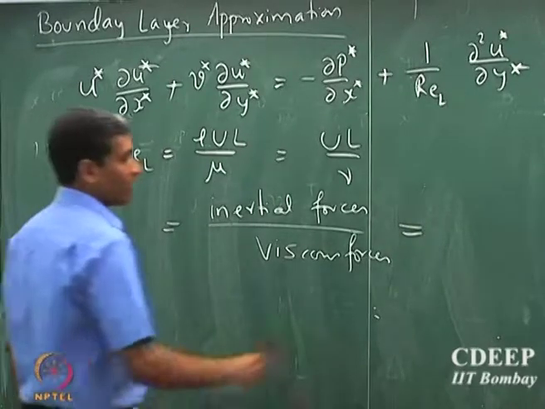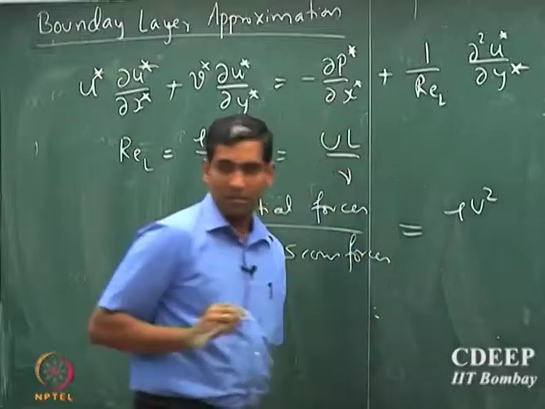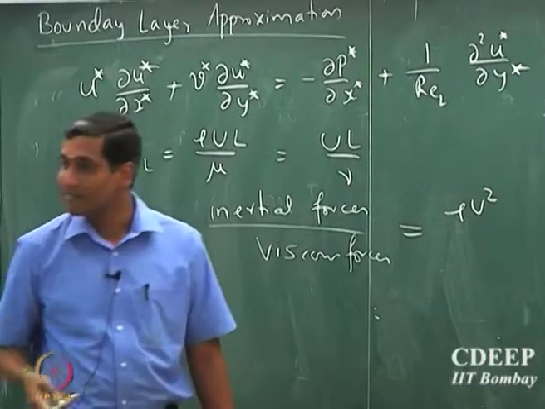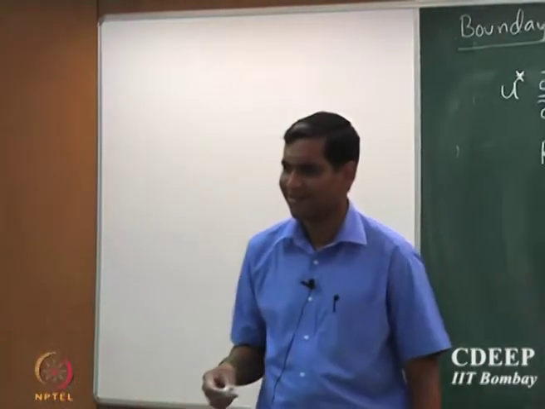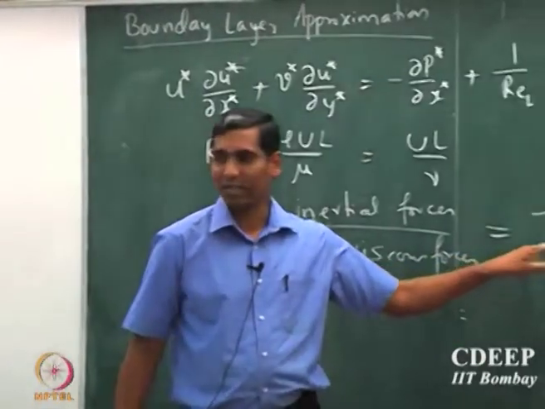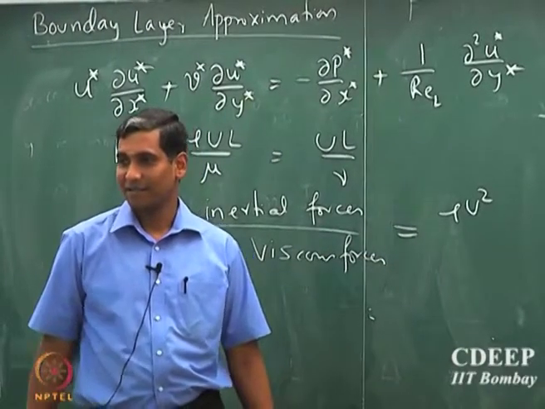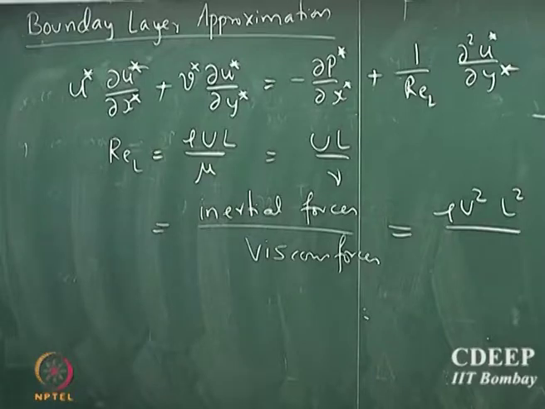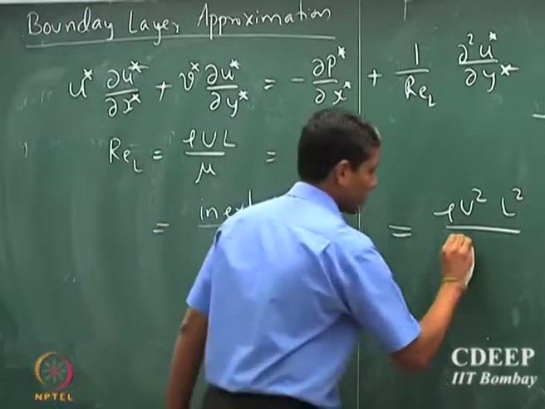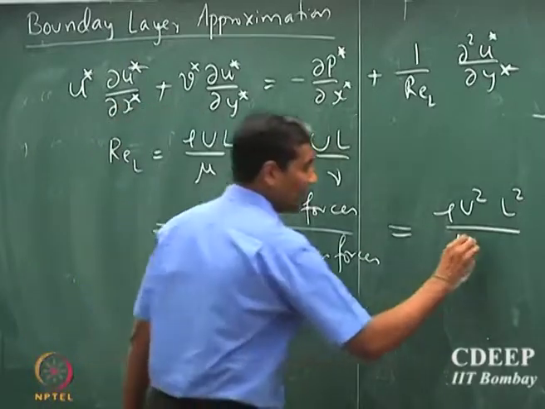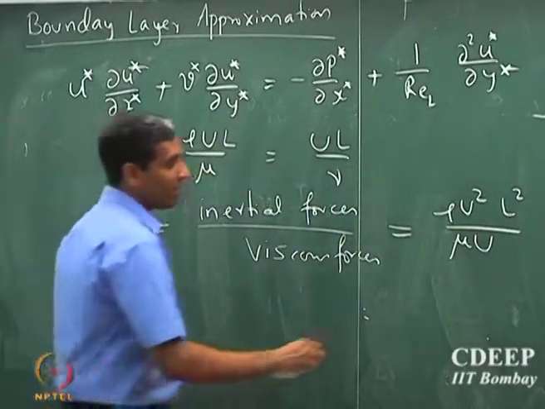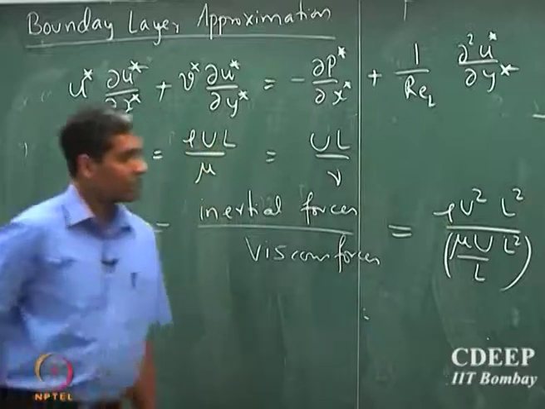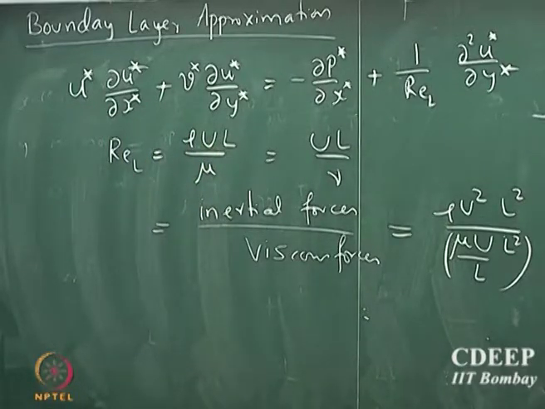Half rho U square, that is pressure, multiplied by L square, that is the force, okay. And what about the viscous forces? Mu, U over L multiplied by L square. So, that is what gives you the ratio of inertial to the viscous forces.